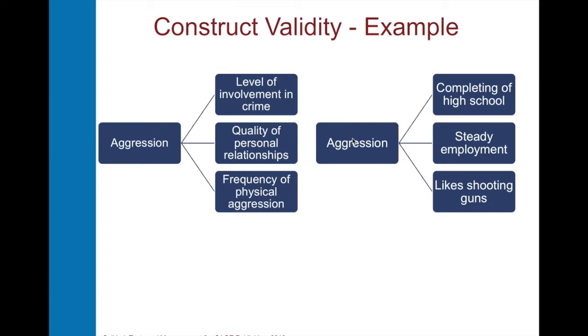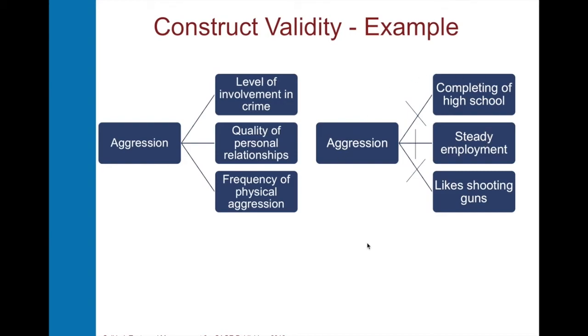And so to demonstrate construct validity, or specifically under construct validity, there is convergent and discriminant. So to demonstrate discriminant validity, you would hopefully expect to find low to zero correlations between aggression and these constructs that are not supposed to be related to it.